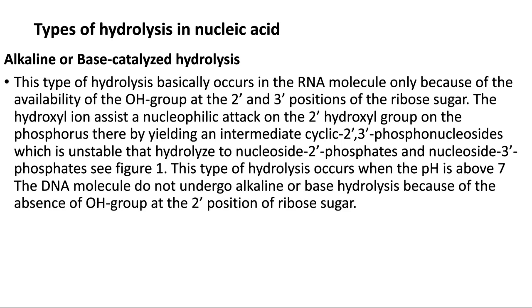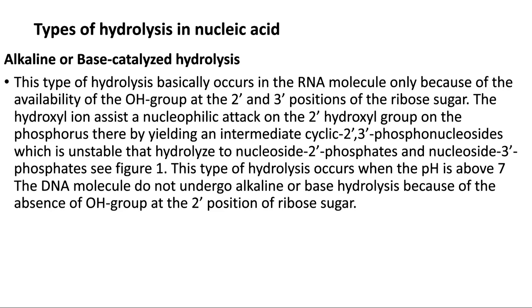Remember how the name goes: cyclic 2',3'-phosphonucleoside, not phosphonucleotide. It is actually a cyclic nucleotide that is formed, but because you have mentioned phospho, you don't call it a nucleotide again. I guess we are making it clear now.